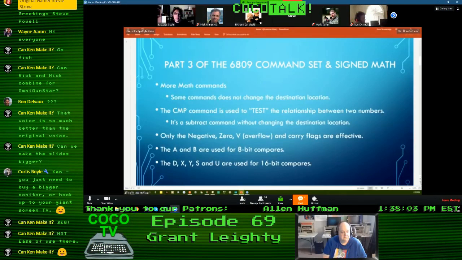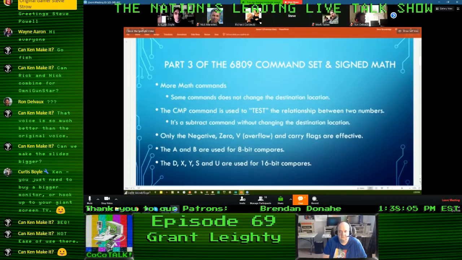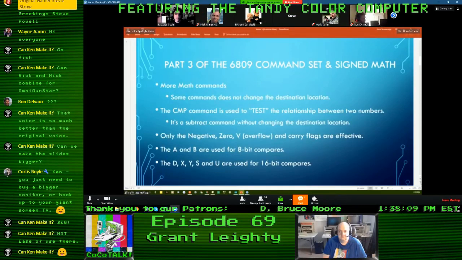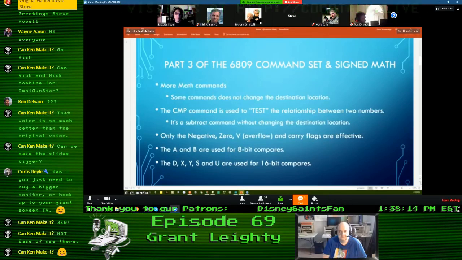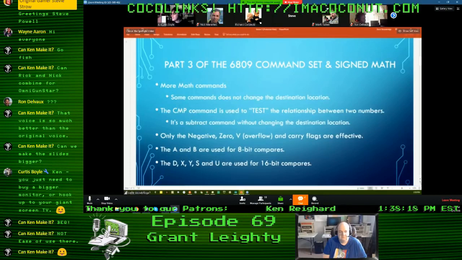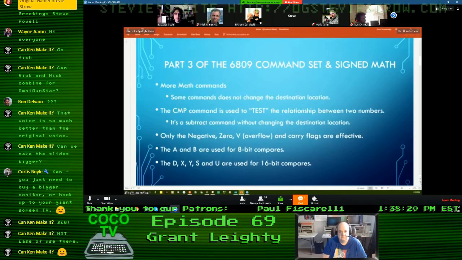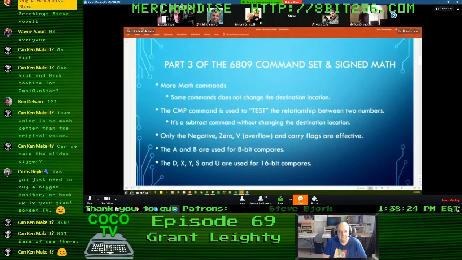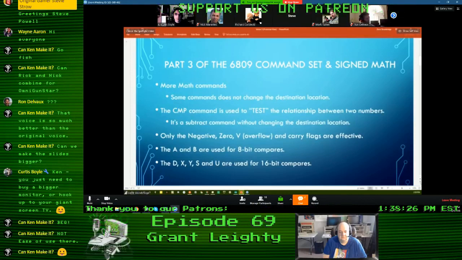Very handy to check things such as an I/O port to see if something is coming through. So it basically allows you to check the status of a number without destroying the number you're comparing against. So it's kind of like a subtract without actually changing the destination location.